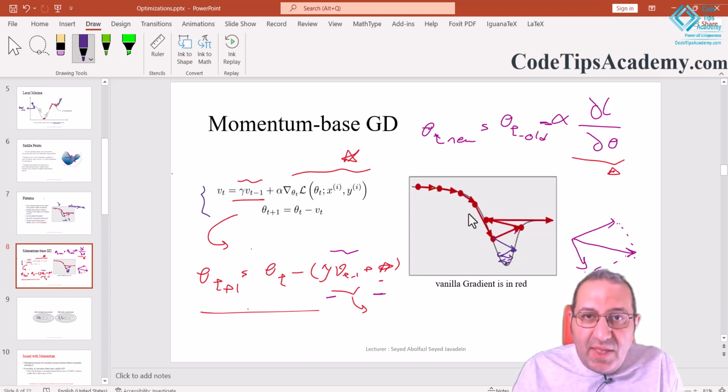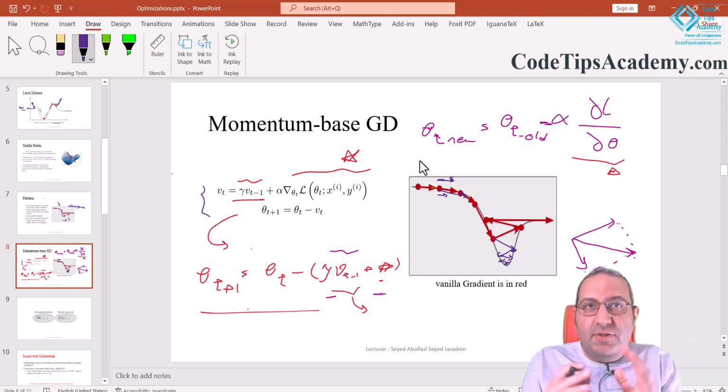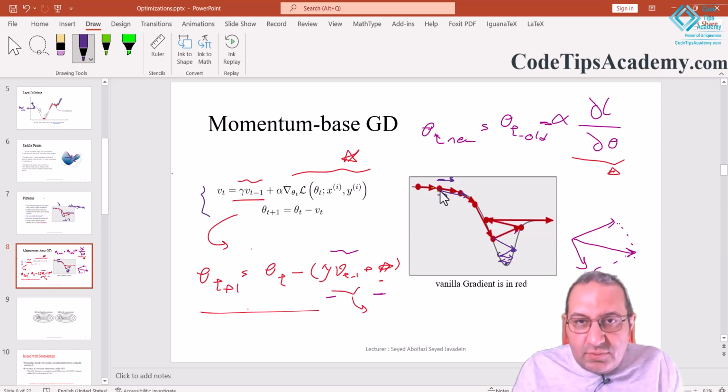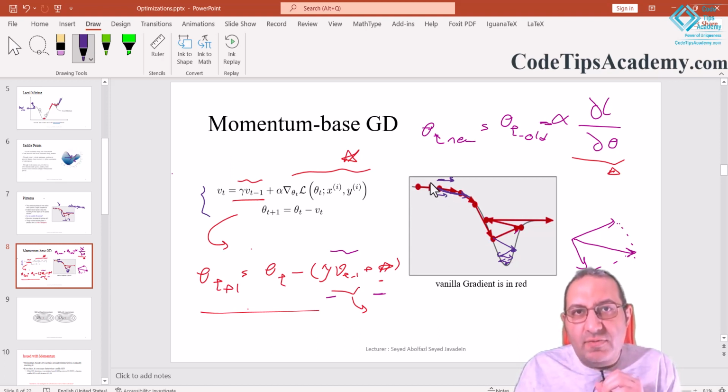This is one amazing point about this. Another amazing point is that after going one way, here is the gradient vector, and this is the direction vector. Here we have the sum of these two vectors, meaning larger speed, and we can reach this point faster, because instead of going here we go here, since this is the sum of two vectors and we have a larger step.